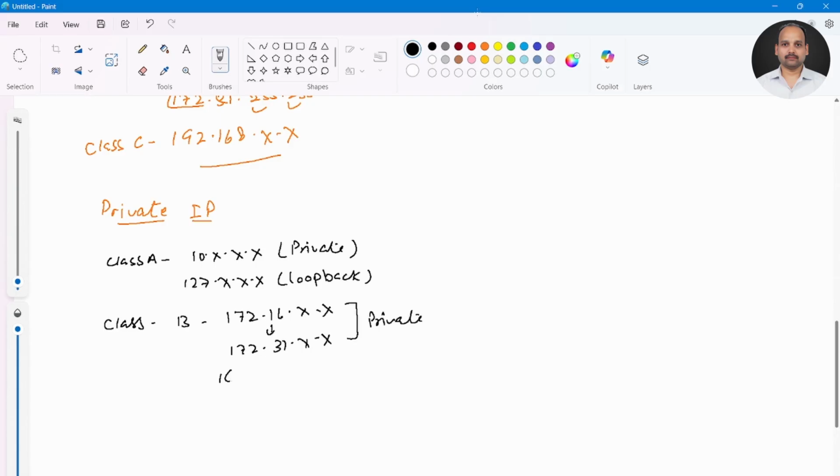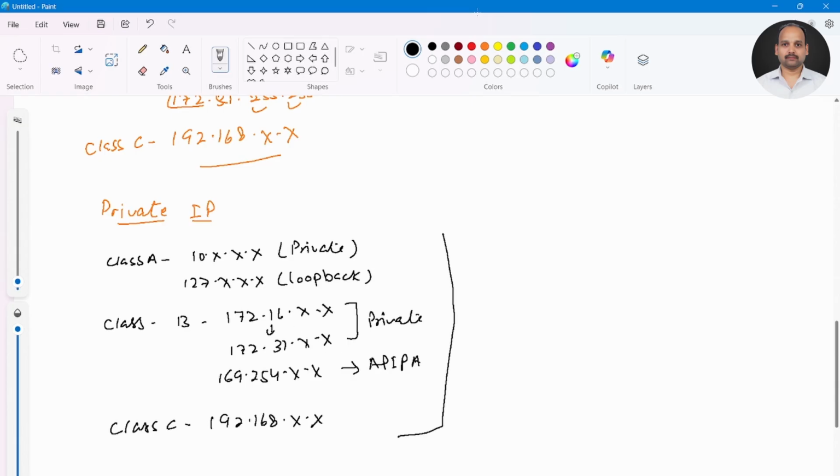And one IP range, 169.254.x.x, is called APIPA or link address. Sometimes people say this is the link address. And for class C, one range was excluded, 192.168.x.x, and this is called private and reserved IP, and the rest is public IP.